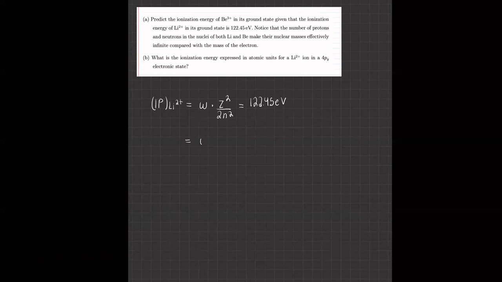So this is W times 3 squared over 2 times 1 squared, equal to 122.45 electron volts.